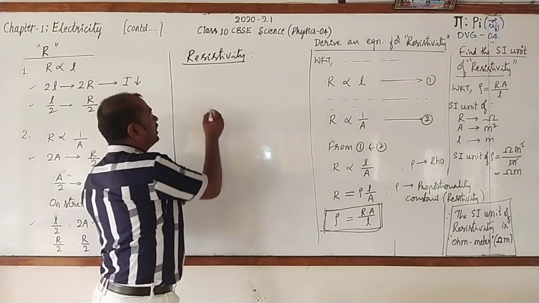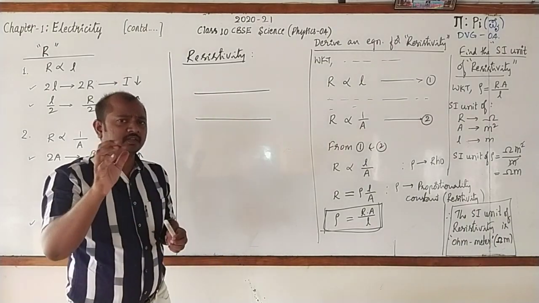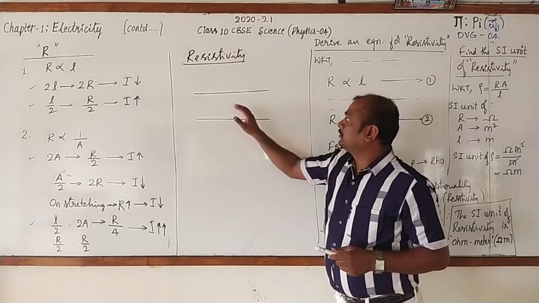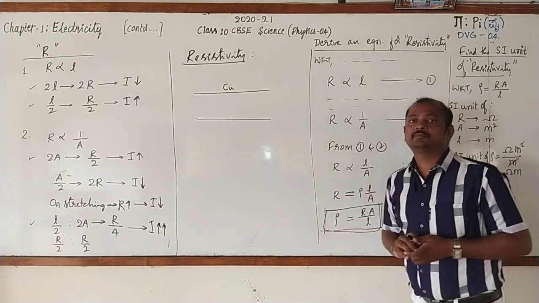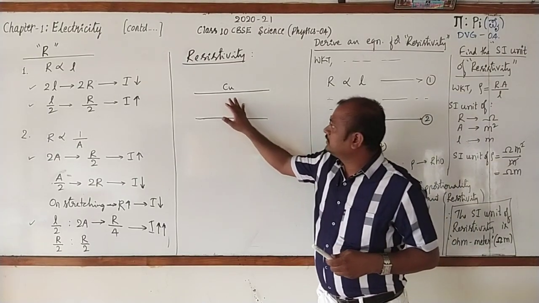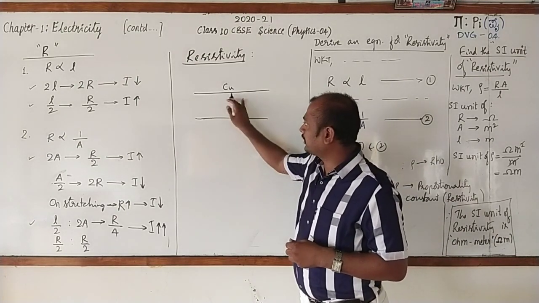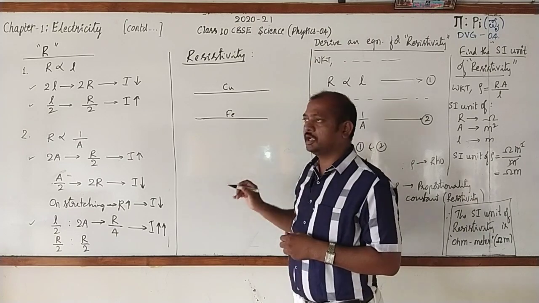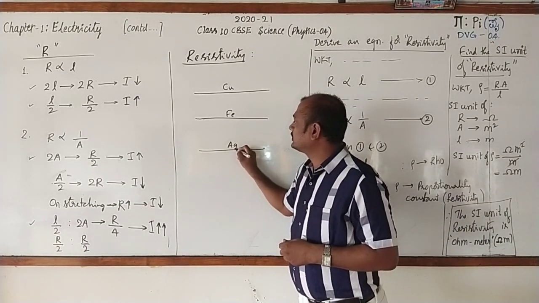Look here. Here I am going to take a conductor. Let us take this as copper. Dear students, here I have taken two wires. One is made of copper and another one is made of iron. You may even take silver.